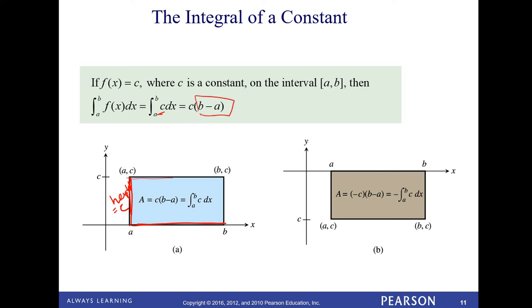So the integral from a to b of a constant dx is simply the constant times the distance that we're integrating over. Same thing holds true if our value for c is negative: we use the opposite of c, make it positive, so we can find an area. All right, we will do examples of all of these in class.